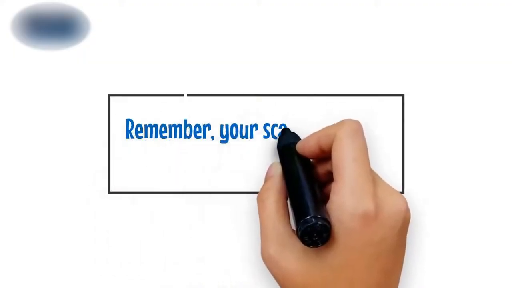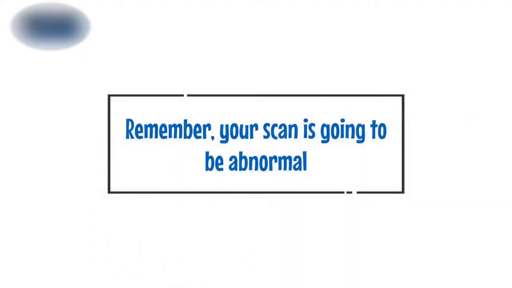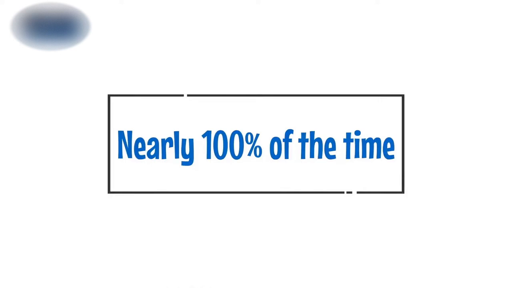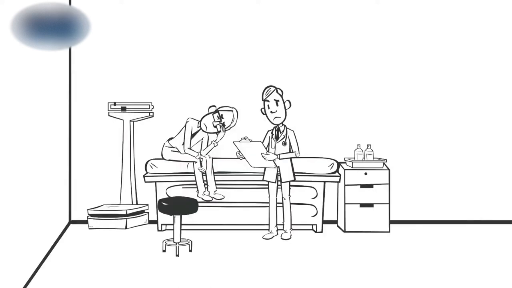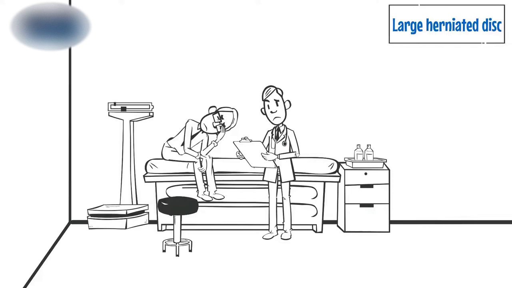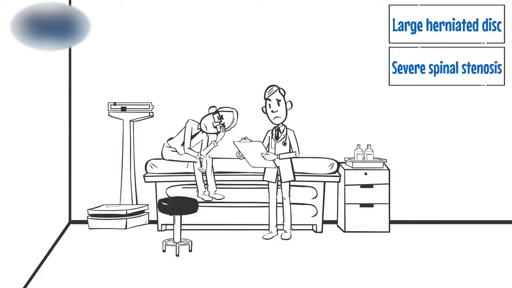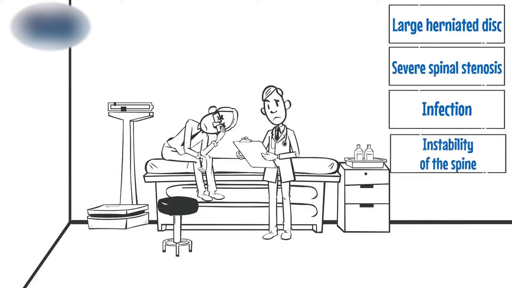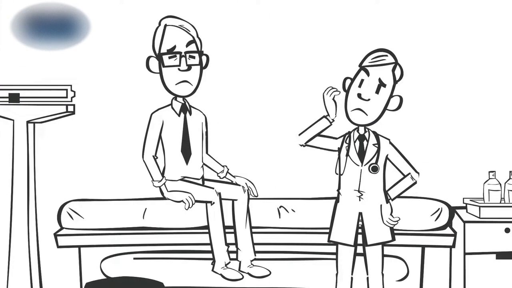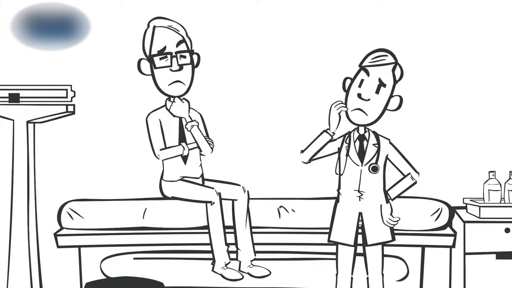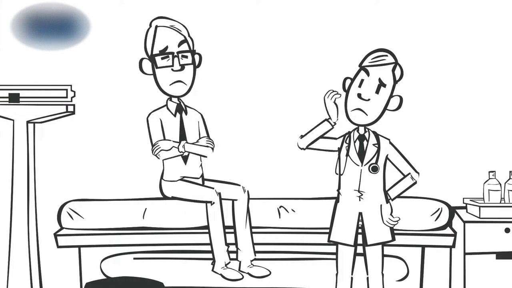Remember, your scan is going to be abnormal, nearly 100% of the time. There are few findings, such as a large herniated disc, severe spinal stenosis, infection, or instability of the spine, that indicate that you should see a specialist soon. If none of these things are present, chances are that your MRI scan is not helping us understand where your pain is coming from.